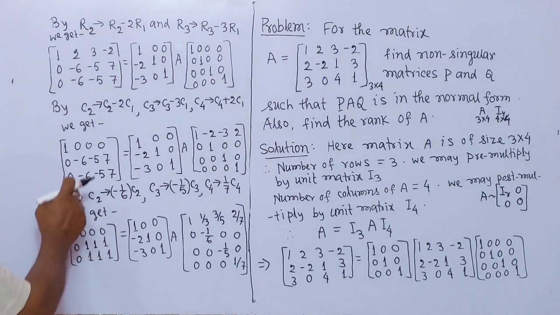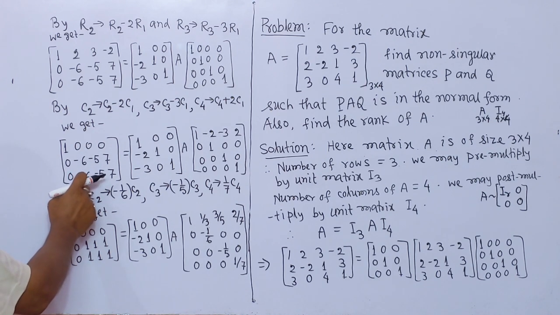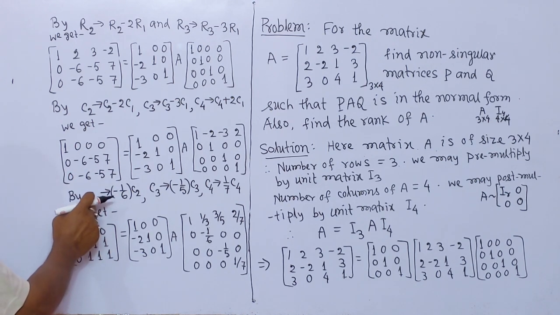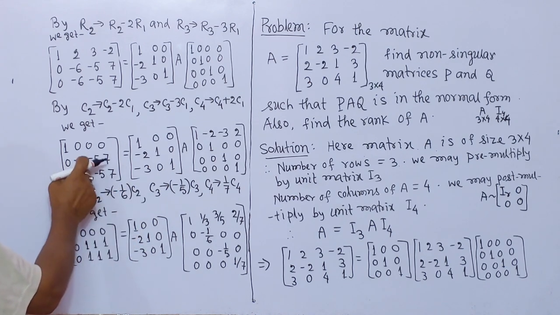Now we see that here minus 6, minus 6. If we divide this column by minus 6, that means in place of C2 we write minus 1 by 6 multiplied by C2, here we will get 1, here 1.